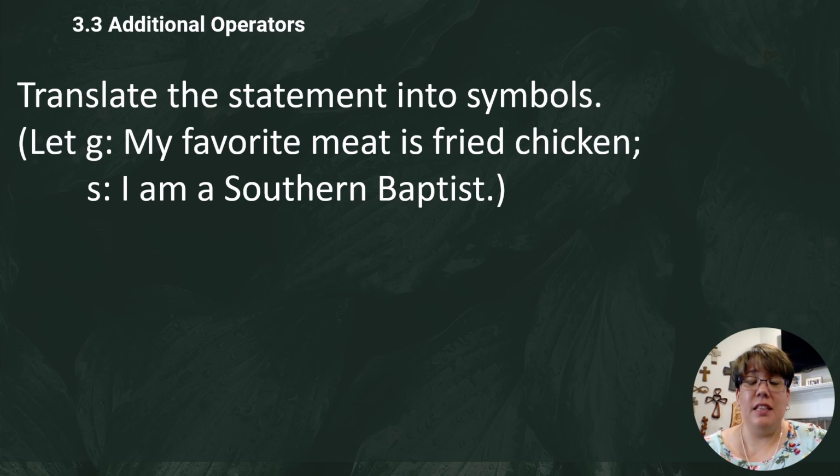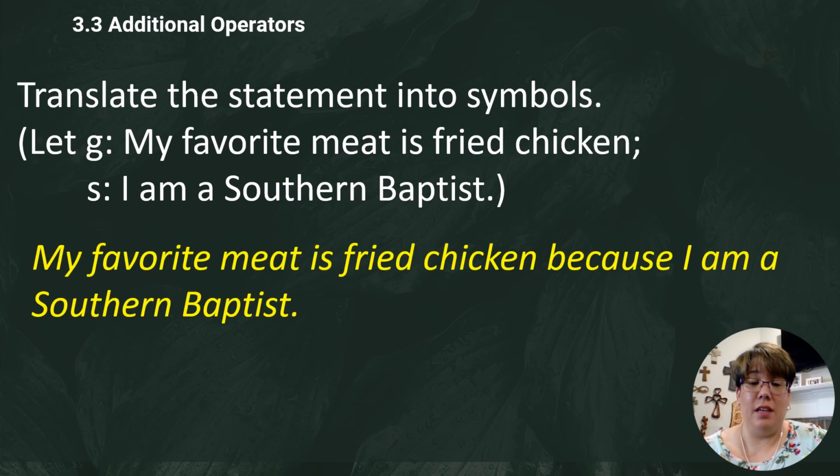And then they will give you this statement: my favorite meat is fried chicken because I am a Southern Baptist. And they'll want you to translate that statement into symbols.